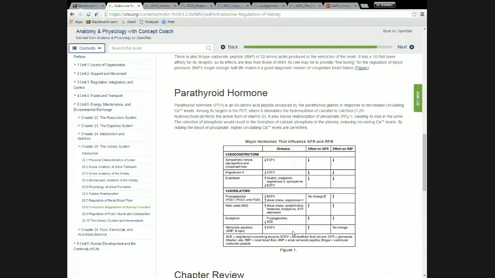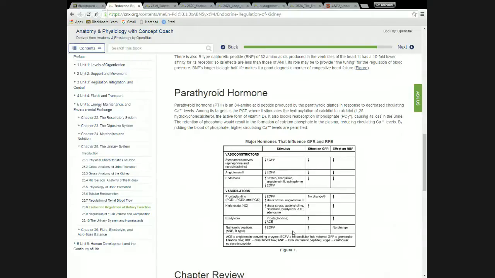ANP and BNP, see, they actually call it ANP here, not ANH, are not so much vasodilators. They might have a little bit of that, but they're more directly related to blood volume adjustments. But these are various things that kind of all play a role.